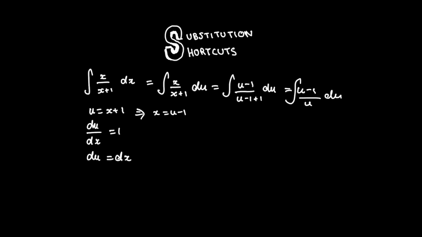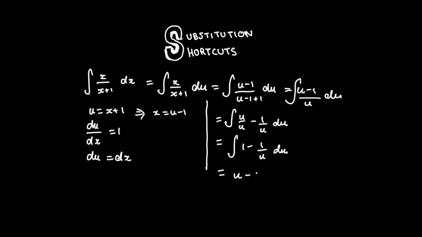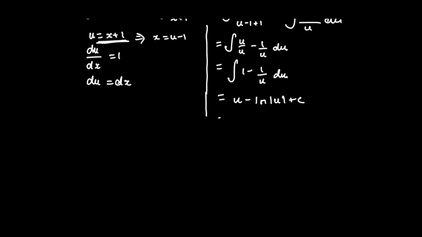Now we can further simplify this as 1 minus 1 by u du, and we would get u minus ln of u plus c. We substitute u back in and we get x plus 1 minus the natural logarithm of x plus 1 plus c. So this is our solution.